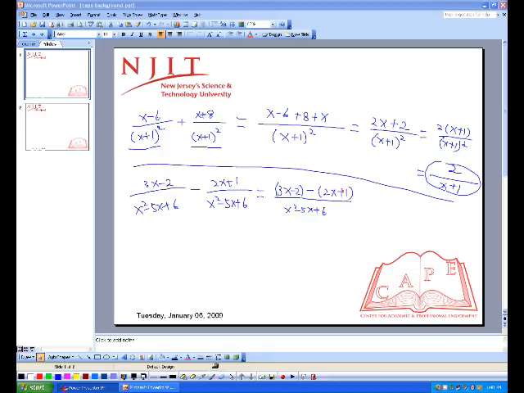Okay, so when you have a subtraction of two rational expressions, the only thing you have to pay attention to is the sign changes, because when you have a negative in front of 2x plus 1 and you take out the parentheses, it will become negative 2x minus 1. So this will become 3x minus 2 minus 2x minus 1.